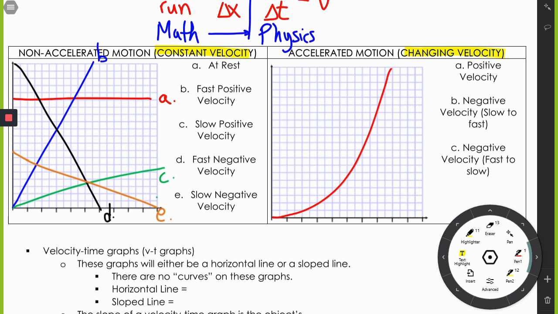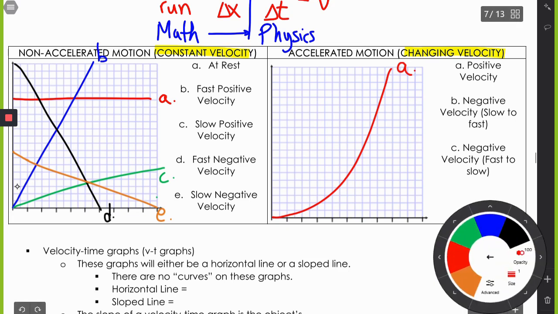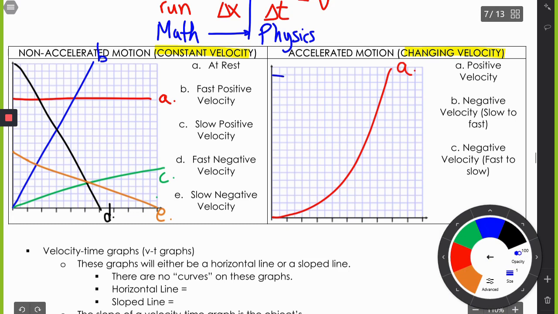So that means the velocity is changing with respect to time as well, which is our definition of acceleration. So a positive velocity, it's going to be an upward opening parabola. Okay. Now you have the negative velocity from slow to fast. And what that's going to look like is a downward parabola.